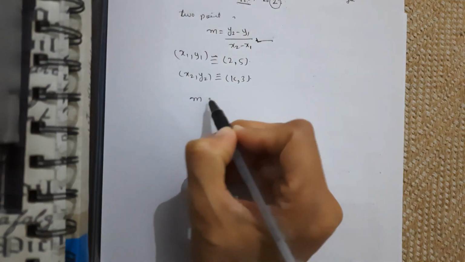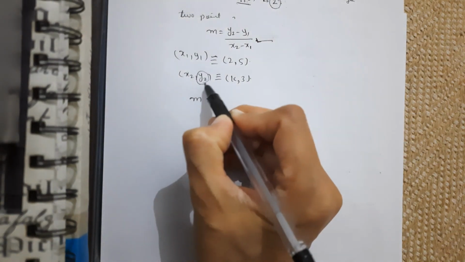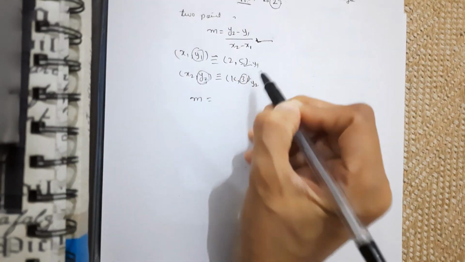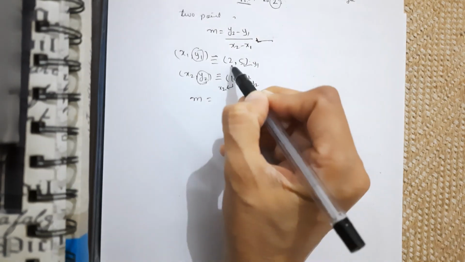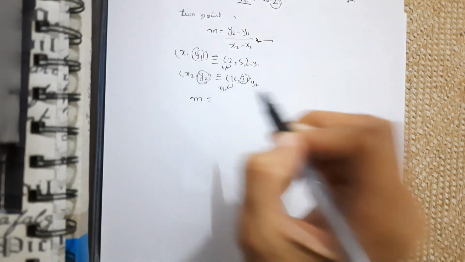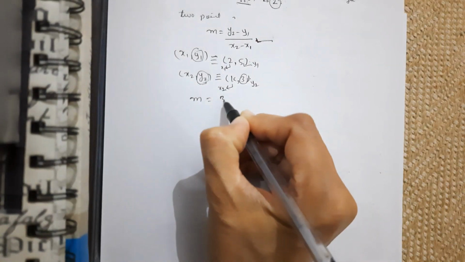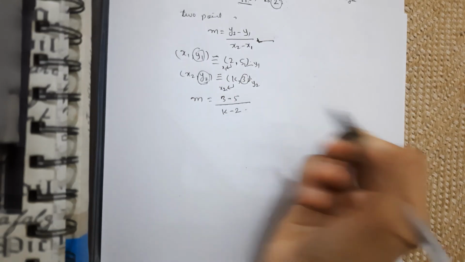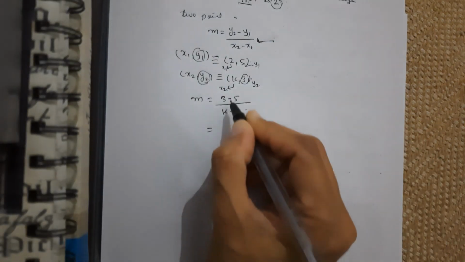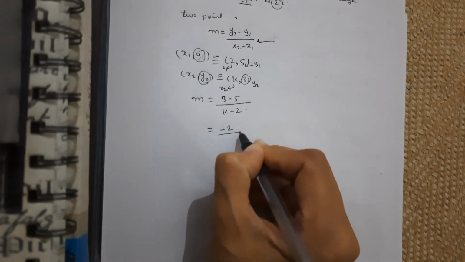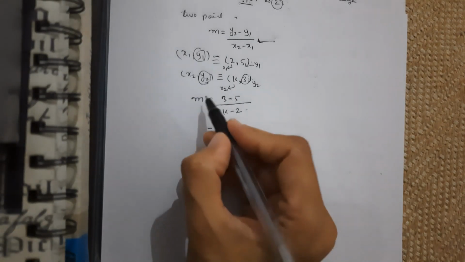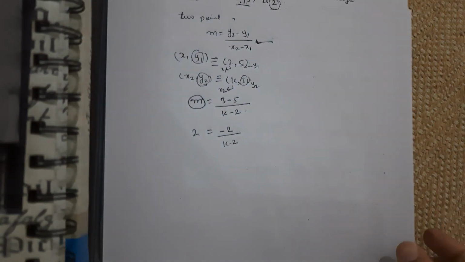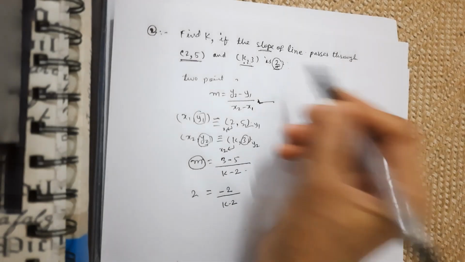Just substitute the values. M equal to y2 minus y1 upon x2 minus x1. So y2 is 3, y1 is 5, and x2 minus x1 is k minus 2. So 3 minus 5 is minus 2 upon k minus 2, and the slope is given as 2.